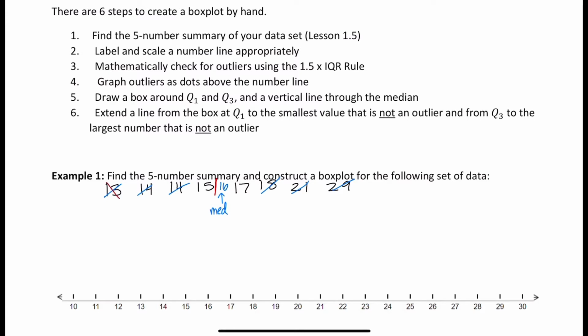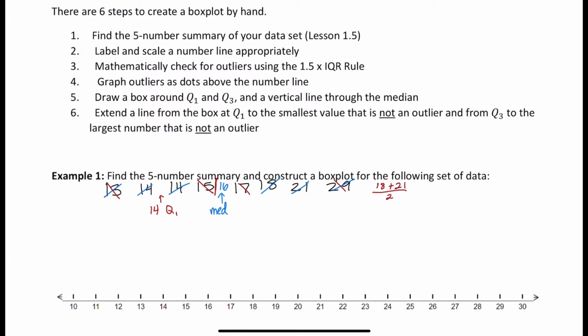Looking at 14 and 14, there's nothing in between, so Q1 is 14. Same deal for our upper half: in between 18 and 21, we can't immediately think of what's in the middle, so to find that median, we take the average.